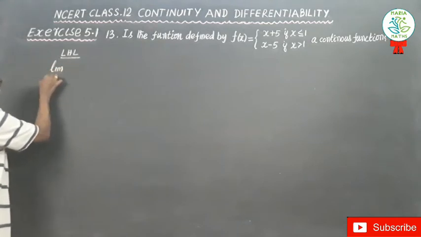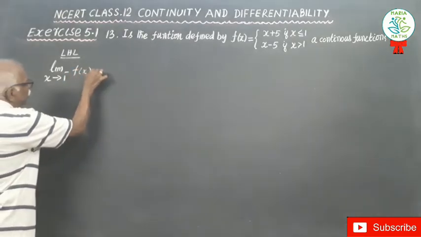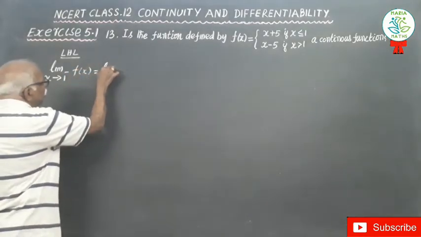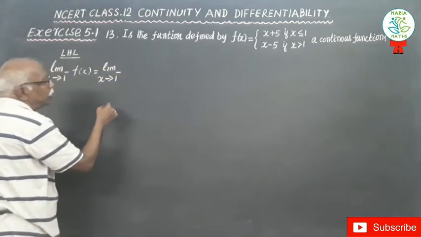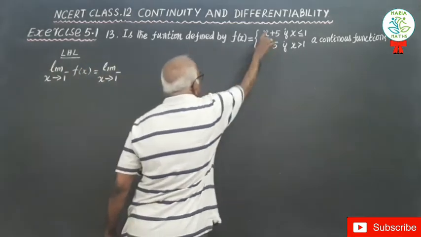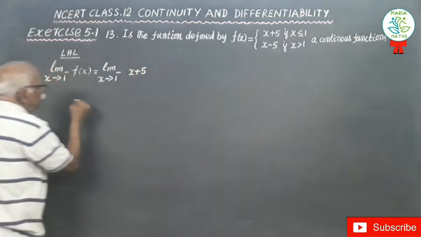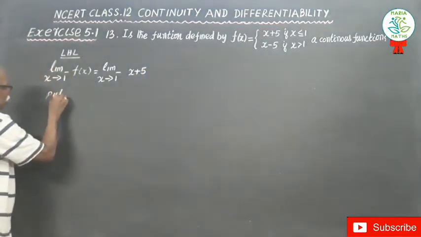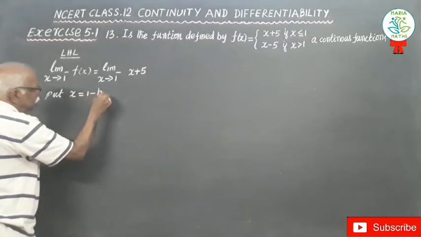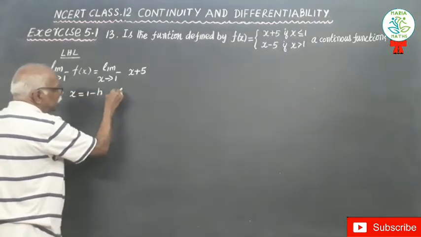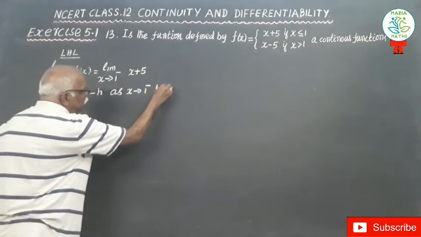Limit x tends to 1 minus f of x is equal to limit x tends to 1 minus, less than or equal to 1. This is x plus 5, the function. Put x is equal to 1 minus h, as x tends to 1 minus, h tends to 0.